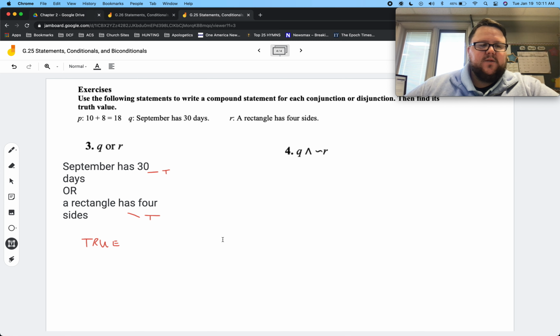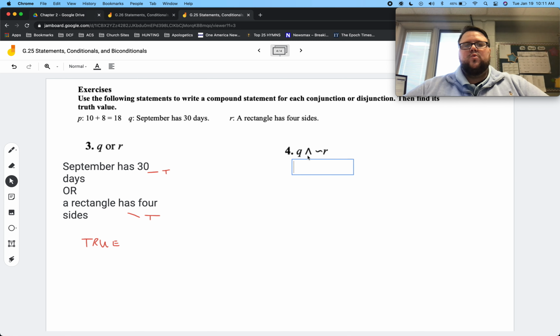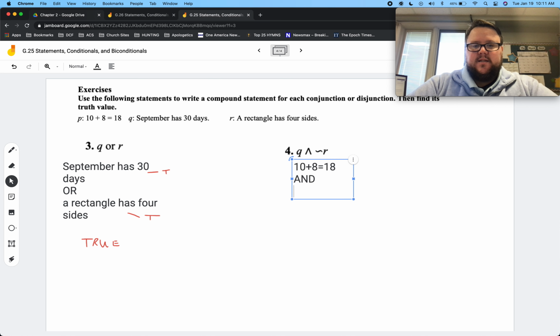Now we're going to do the last one. Q and not R. Q and not R. So Q is 10 plus 8 equals 18. And not R. So not R. A rectangle has 4 sides. So not R would be a rectangle does not have 4 sides.